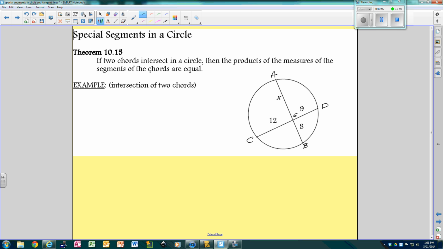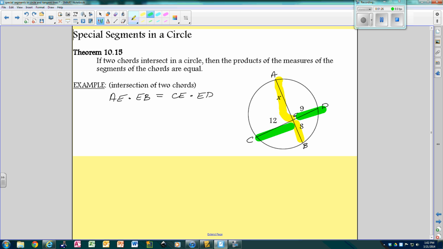Alright, so what we would say is we would start out and we would go AE times EB is equal to CE times ED. So this piece times this piece equals this piece times this piece.